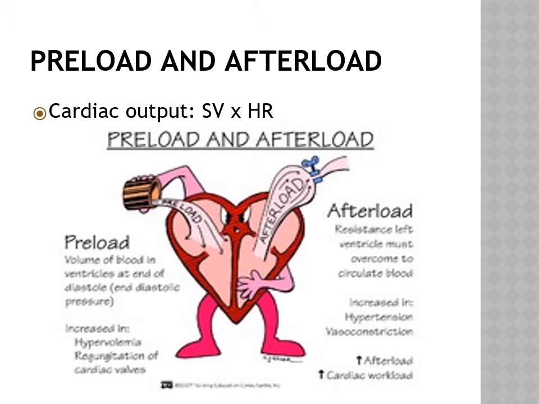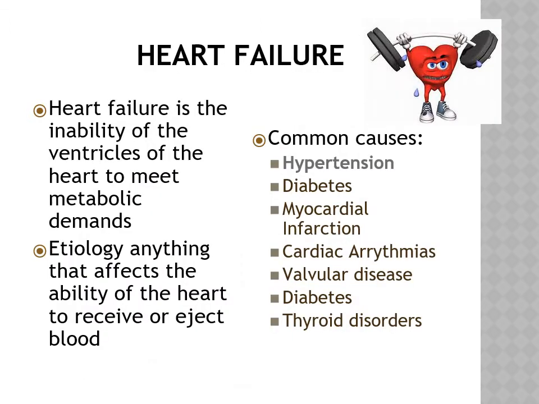We do not want this muscle overworked because it loses the ability to contract and pump blood to the peripheral tissues. So heart failure is basically that inability to contract. The muscle becomes large and weak, and that inability of the ventricles to contract essentially leads to the inability of the heart to meet the metabolic demands of the body.